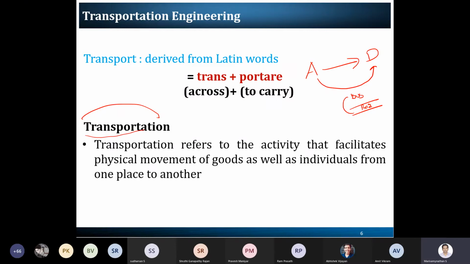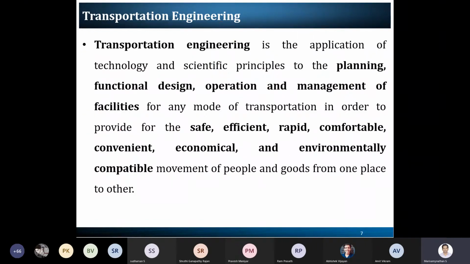Now you might be asking what is meant by transportation engineering. That is what is defined here. Transportation engineering is the application of technology and scientific principles. We are transferring from one place to another, and for that we have to provide some facilities.